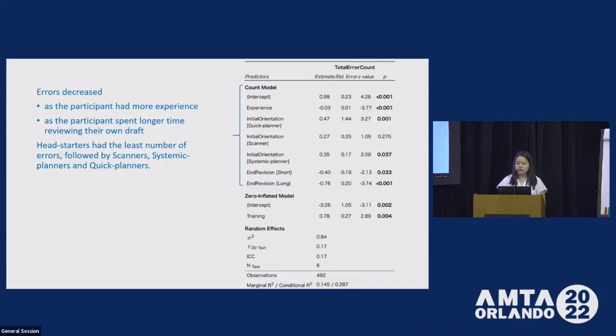I personally found it interesting that the head starters made the least number of errors. There was no significant interaction effect between experience and initial orientation, but it is possible that very experienced translators in the head starter group contributed to this result.